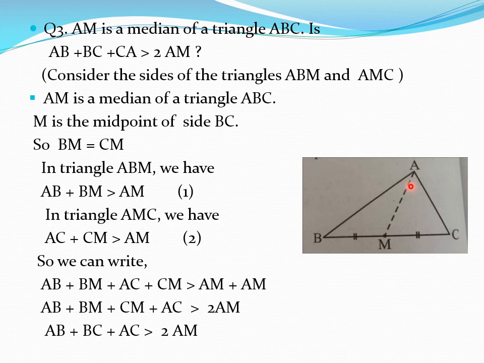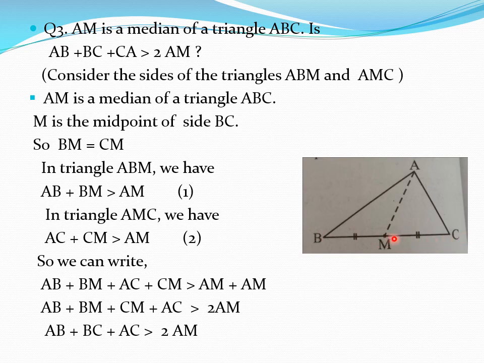It is the line segment starting from one vertex and connecting the midpoint of the opposite side. Here, the line segment AM starts from the vertex A and reaches the opposite side BC, and M is the midpoint of BC.